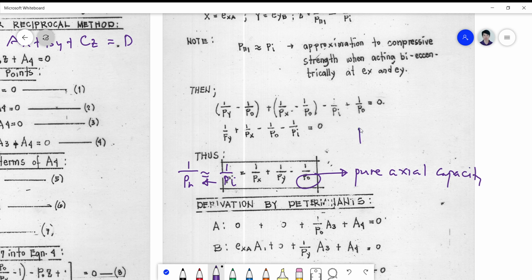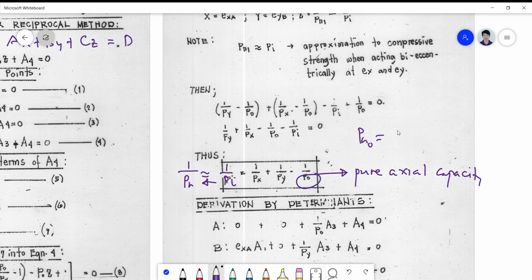Okay, the pure axial capacity is defined as Po or PNO on the basis of your column type. If it is a tied column or if it is a spiral, you just multiply it by the efficiency factor.